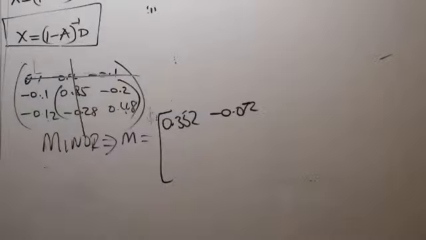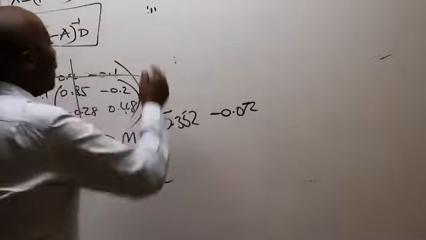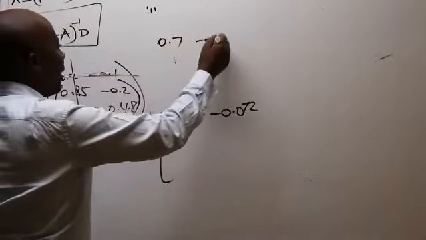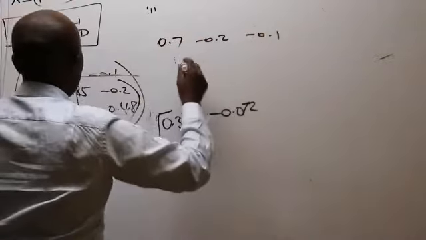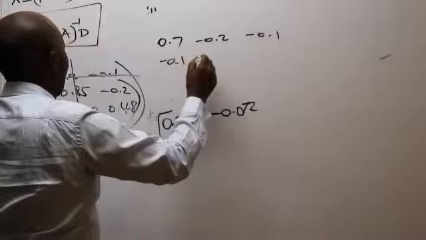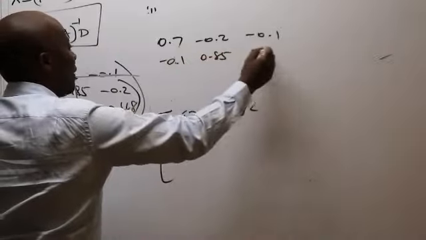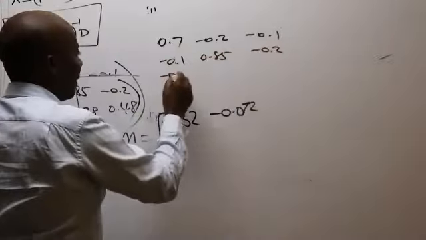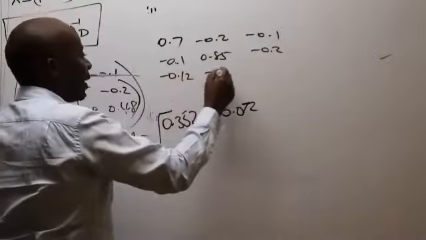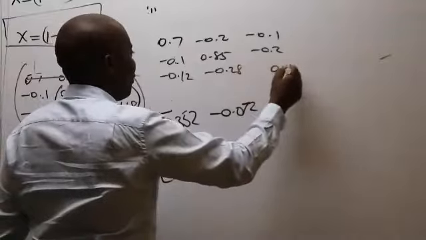Now, ladies and gentlemen, let me do only one. So we have here 0.7, minus 0.2, minus 0.1; minus 0.1, 0.85, minus 0.2; minus 0.12, minus 0.28, 0.48.